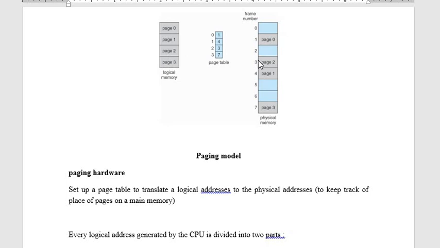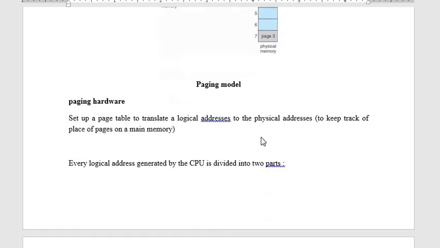To get to know the physical address, some kind of address translation has to be done from the logical addresses to the physical addresses. The page table helps us deal with that.